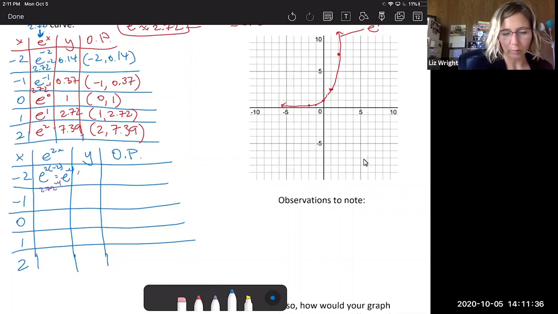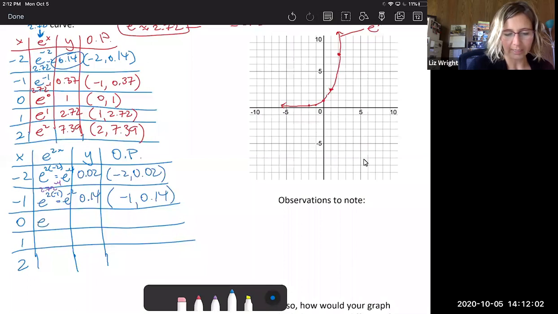And we're going to get 0.02. So we're going to have -2, 0.02. Then we're going to have e to the 2 times -1, which is going to give us e to the -2, which is going to give us 0.14, because we did that one actually up above, right there. And then we're going to get -1, 0.14.